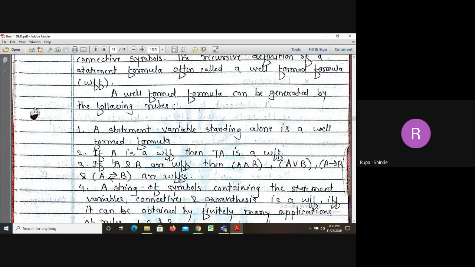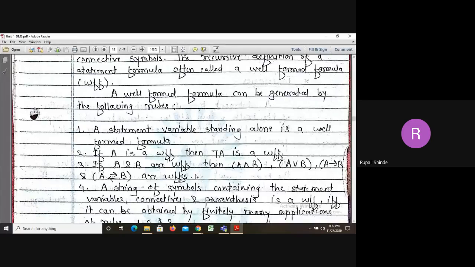Third, if there are two different statements A and B, and if these are well-formed formulas, then A and B, A or B, A conditional B, A biconditional B, all these are well-formed formulas. So if you apply any connective like and, or, conditional, biconditional, then all these are called well-formed formulas.